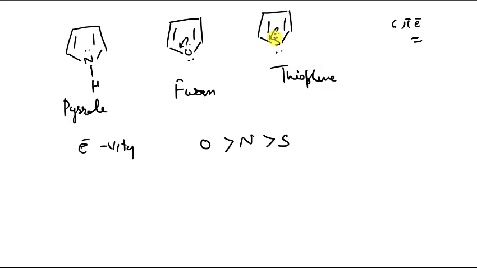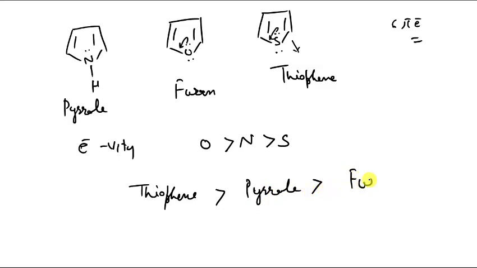So the electron pair on oxygen is least involved in resonance, whereas in case of sulfur it participates mostly in resonance. So the aromatic character will be such that thiophene is more aromatic than pyrrole, which is more aromatic than furan.